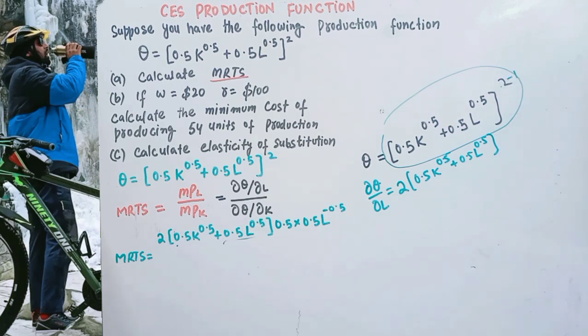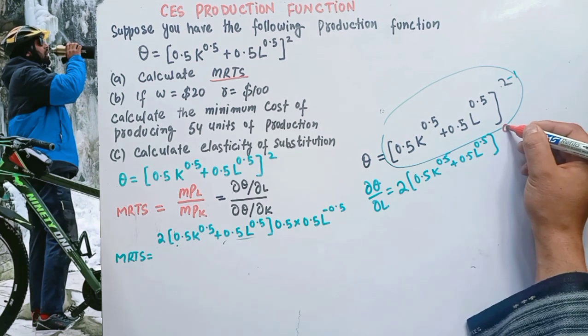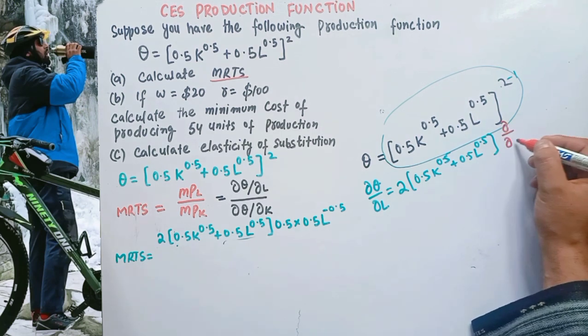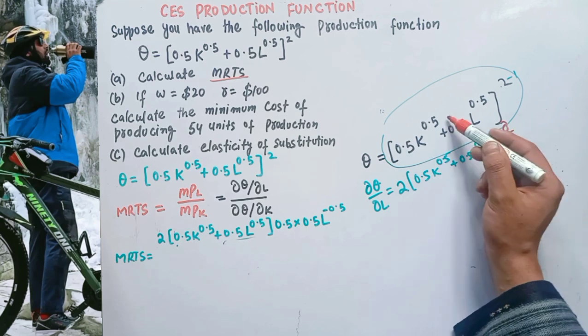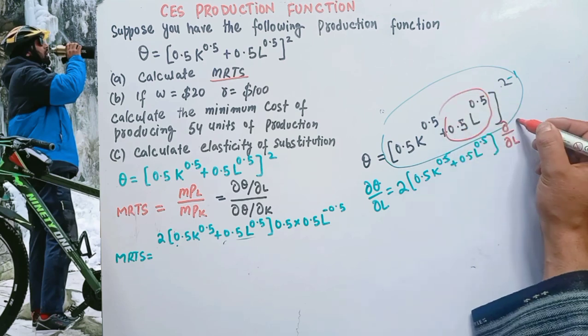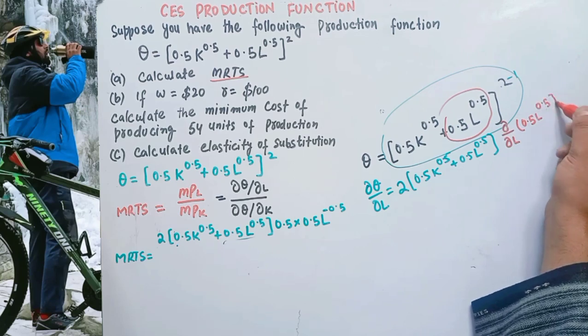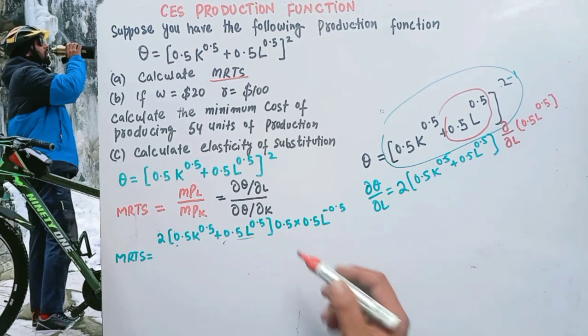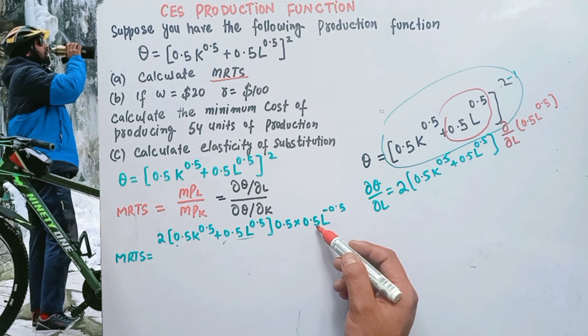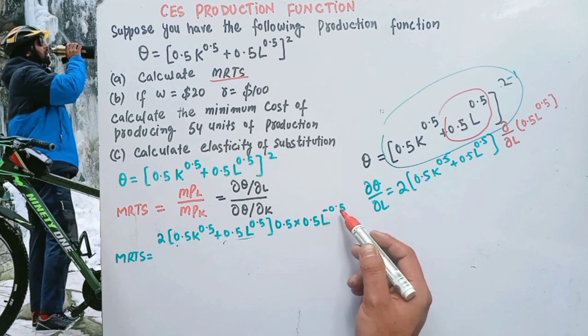Then we internally differentiate, using the chain rule, we take the derivative again with respect to L. So L is in this term, 0.5 L to the power 0.5, and when we take its derivative, it comes out to be 0.5 L to the power minus 0.5.